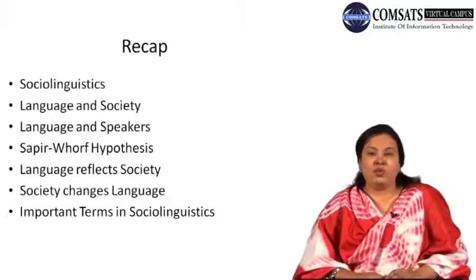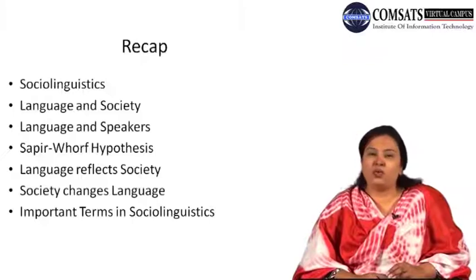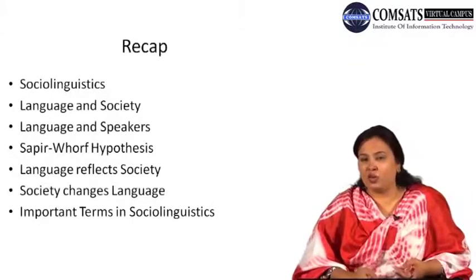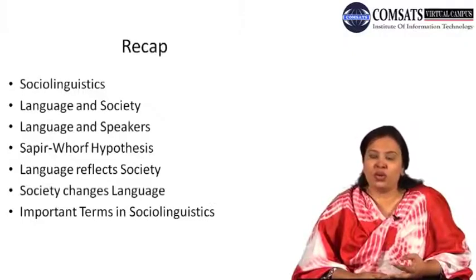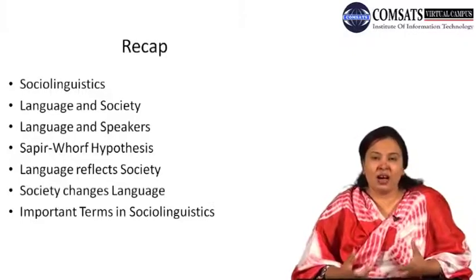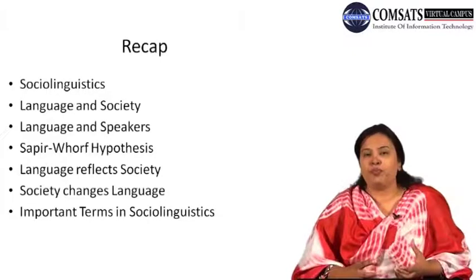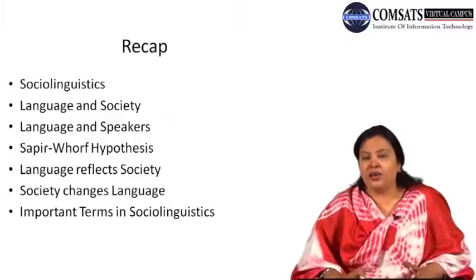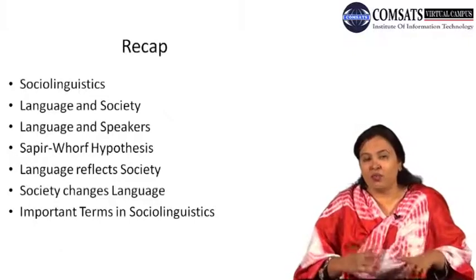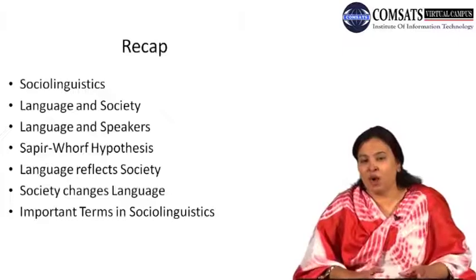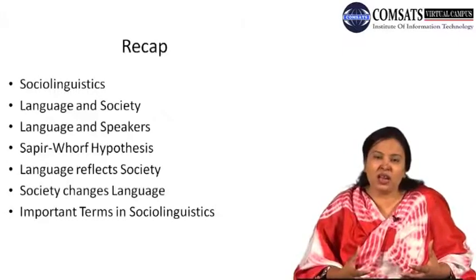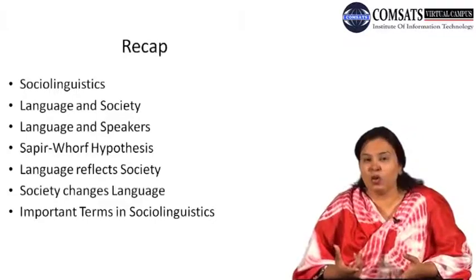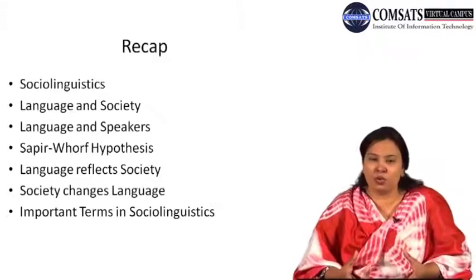Inside language variety we talked about the regional dialect as well as the social dialect, that is, how language varies according to regions, and how language varies according to different social factors like class, gender, age, ethnicity, religion. And then we had functional variation, that is, how users use their language according to the context or according to the occupational field they belong to.